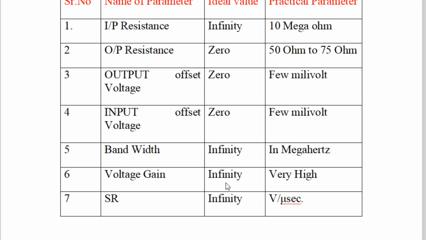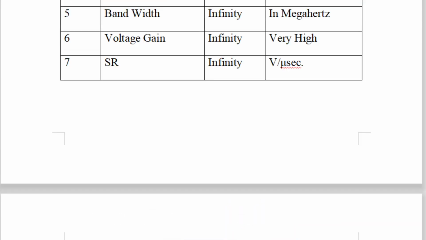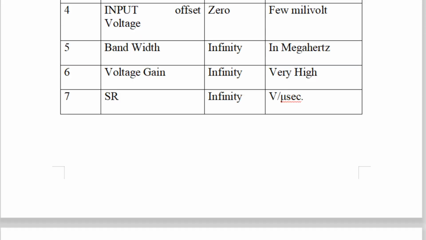Voltage gain is infinity ideally, but in practice it is very high. Slew rate should again be infinity, but it is in volts per microsecond. In this way, this is about your operational amplifier and its basics.